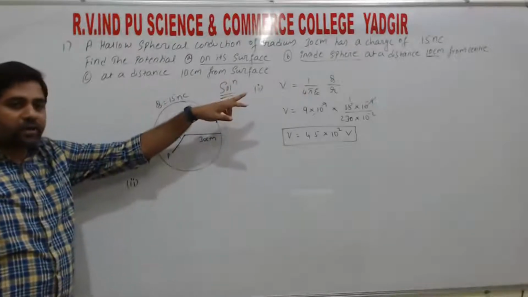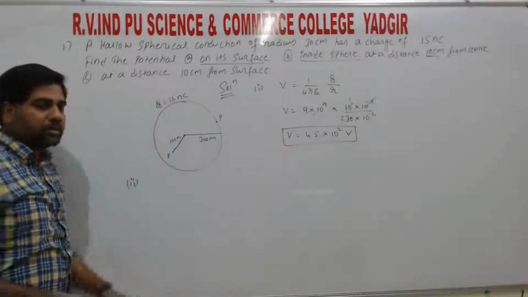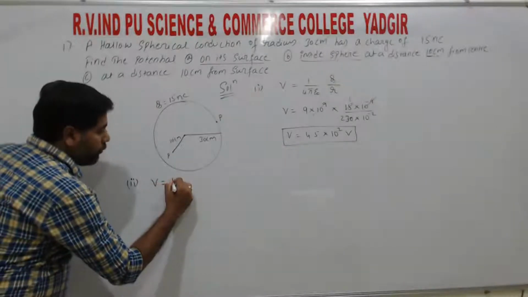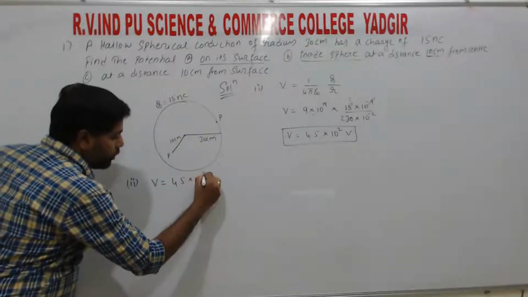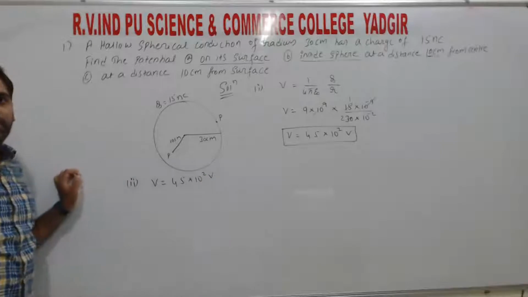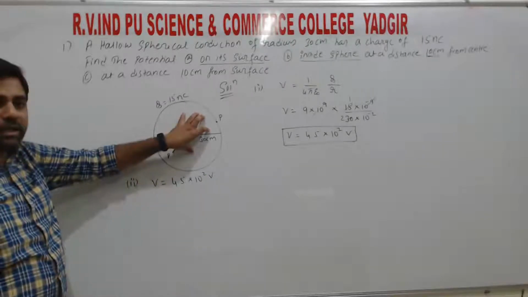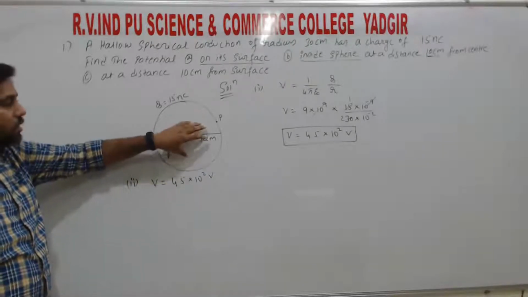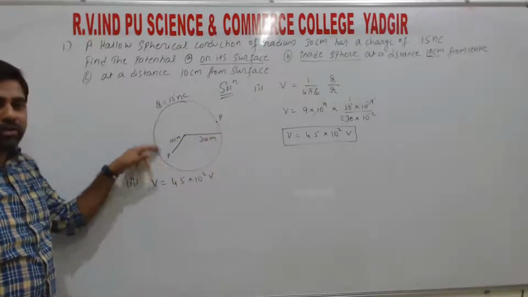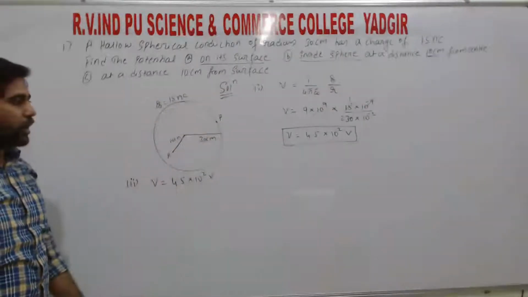So for the second case also we have the same answer, V is equal to 4.5 into 10 to the power of 2 volts. The reason is that the potential inside the sphere is the same as the potential on the surface of the sphere.